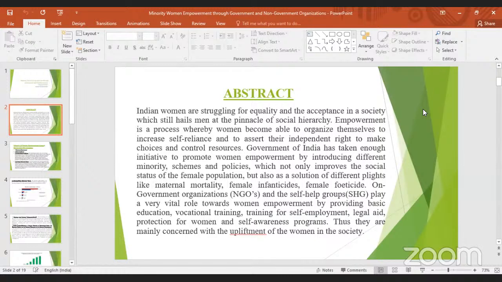Mostly it's presented theoretically, but if you add some sort of analysis, the paper will have more weightage, because everything you have collected and presented. And you are reading line by line, paragraph by paragraph, all the points.